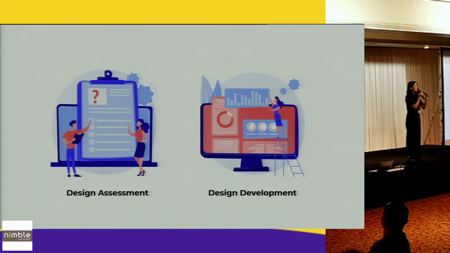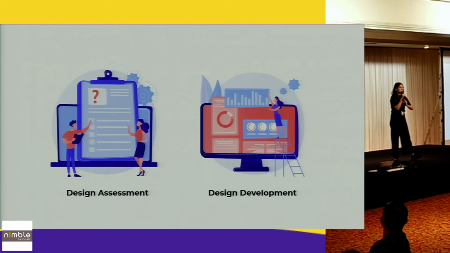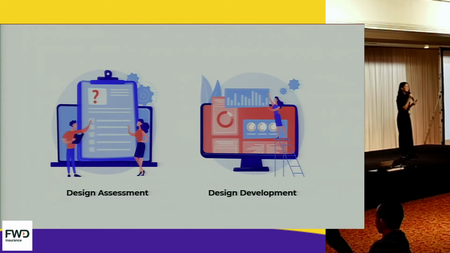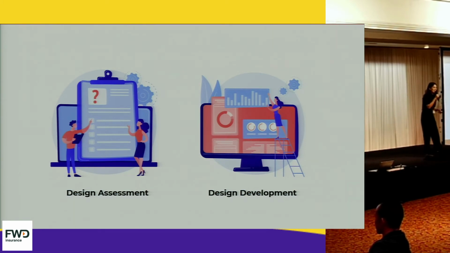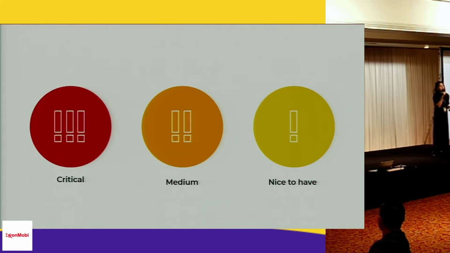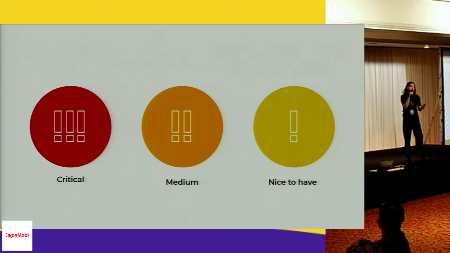So my PO comes and discusses with me, as her concern right now is the cost. Of course, like most of us here maybe. So I totally understand her. So what I did is I prioritize my design items into critical, medium, low, or just nice to have.